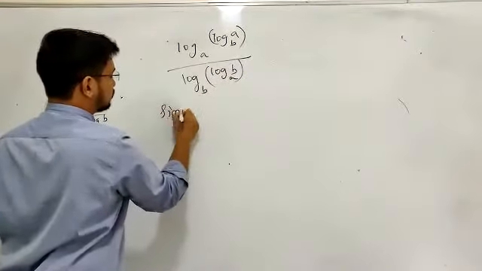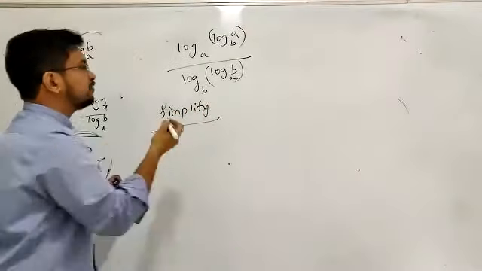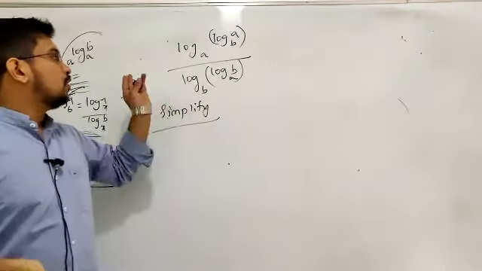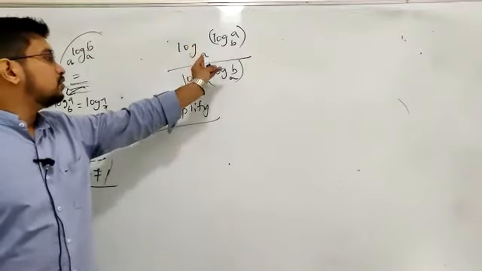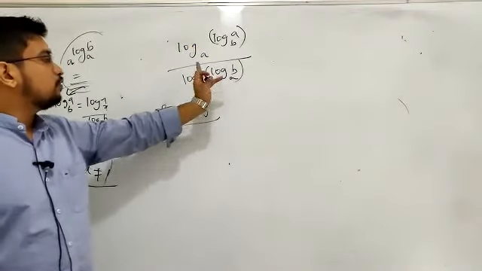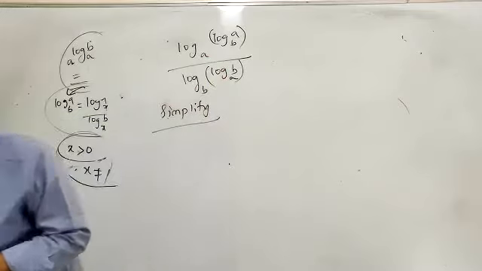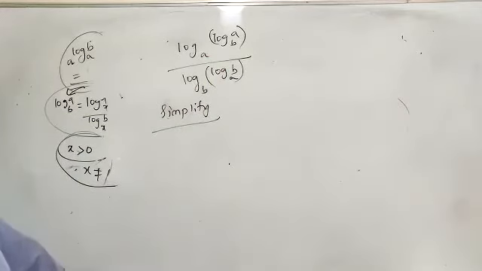Simplify this. Simplify to the smallest part. Log of log a to the base b to the base a by log of log b to the base a to the base b. Simplify this. Just simplify this.